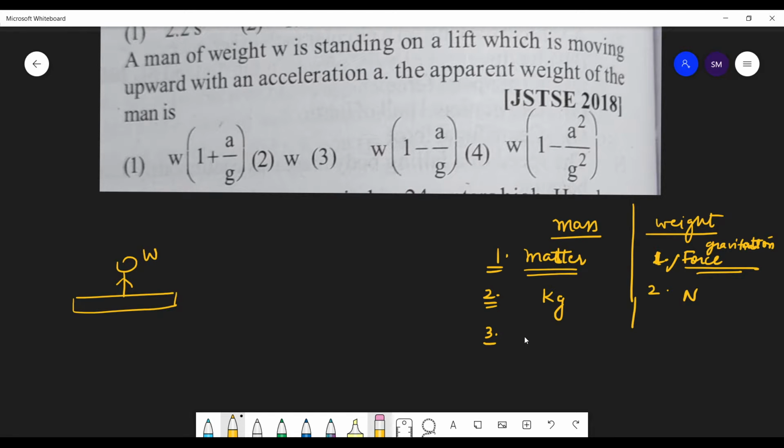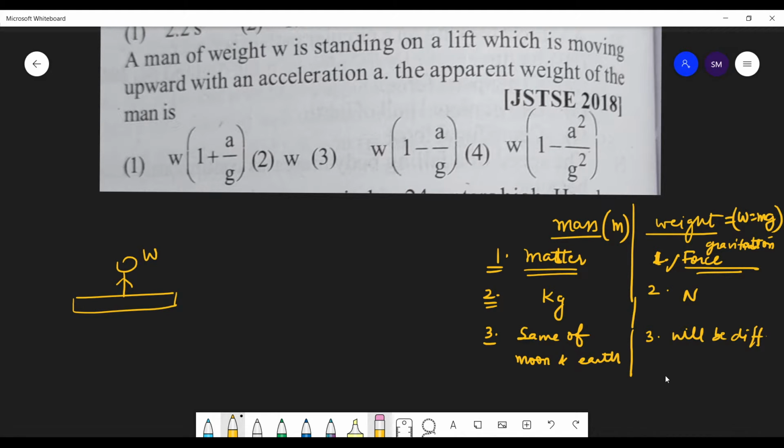Third thing, mass will remain the same on the moon and earth, wherever you go, but the weight will be different. Why? Because for mass the symbol is m, and weight W is equal to m into g.